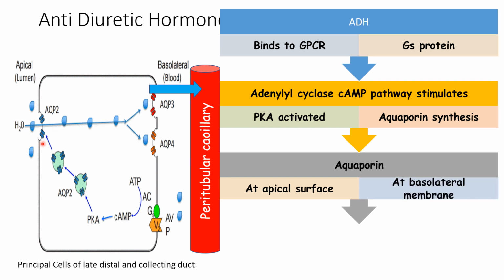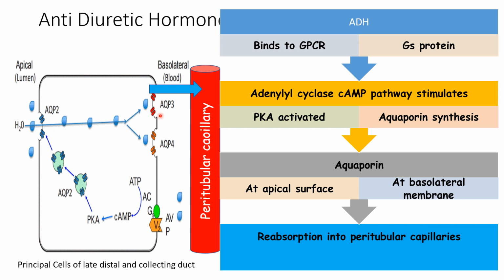You can see here it has moved here. Then this water will be carried all the way across the cell and it reaches the basolateral side where aquaporin 3 and 4 are present, and here the water is being released into the peritubular capillary vessels. You can see here, and the reabsorption of water will occur.